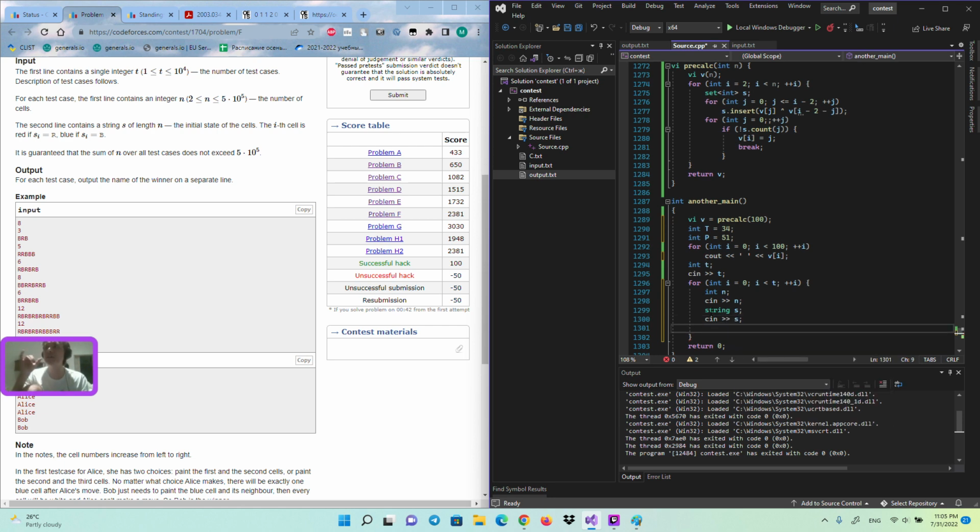Now we calculate the lengths of alternating sequences. Also, we calculate the number of B's and R's.